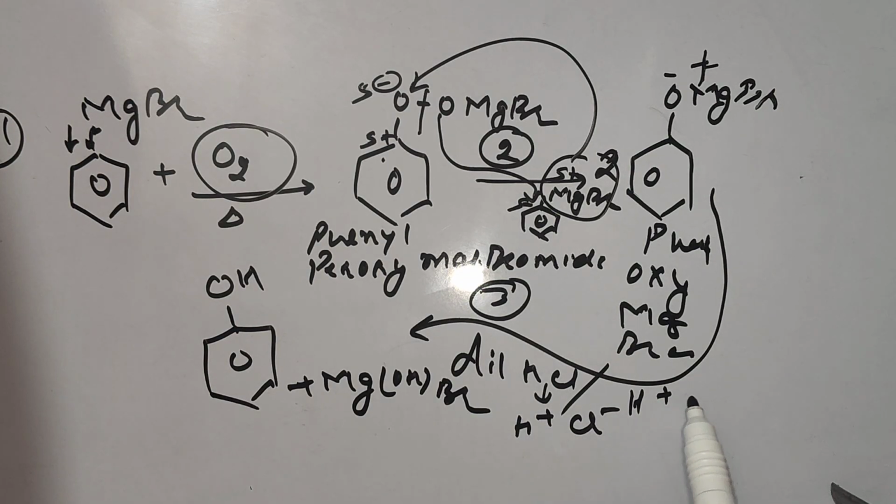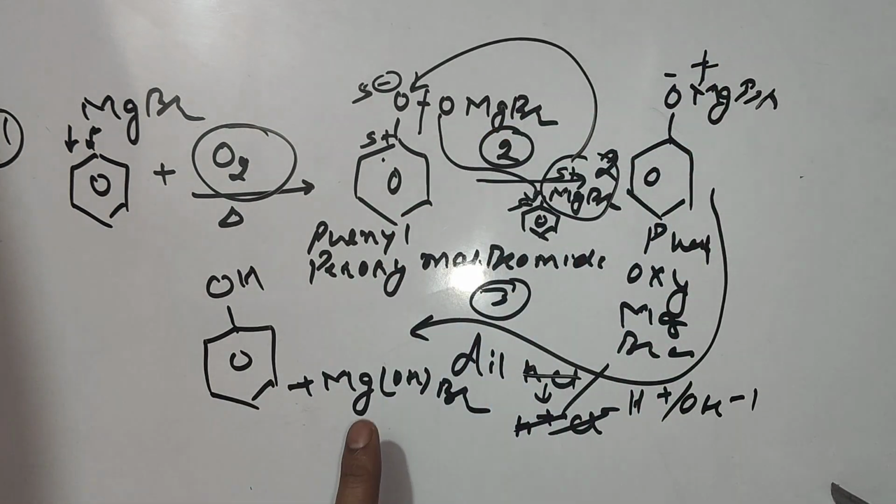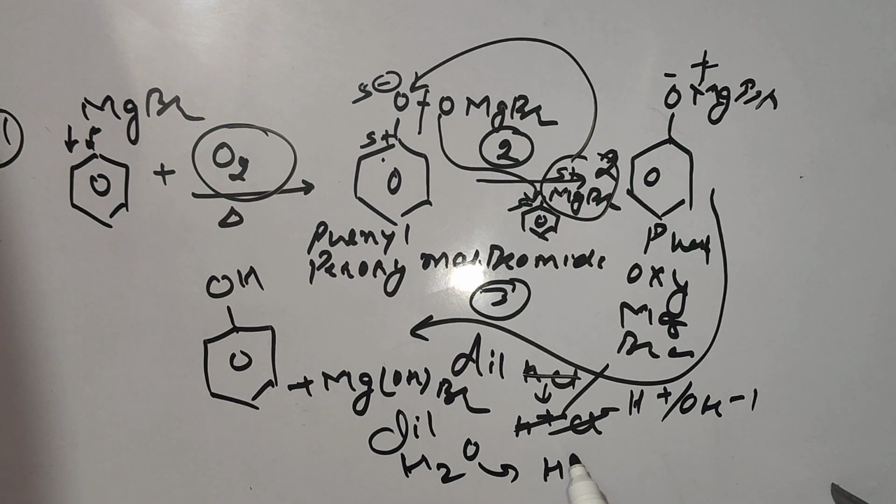Hydrolysis means H positive and OH negative. H positive will attack on O negative, and OH negative will attack on Mg, this one. Because in dilute HCl, water particles are also there. So water particles are breaking into H positive and OH negative. Cl negative particles are very less because it's a dilute HCl. So H positive, OH negative will attack, and finally you will get phenol and magnesium hydroxybromide. Now let's check what is the actual mechanism of the reaction.